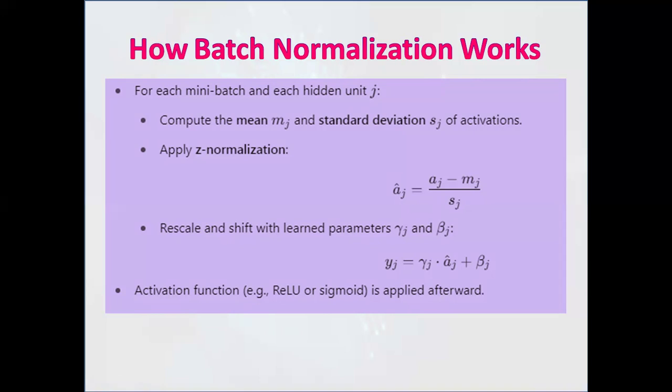These statistics are used to perform Z normalization, which centers the data around zero and scales it to unit variance.